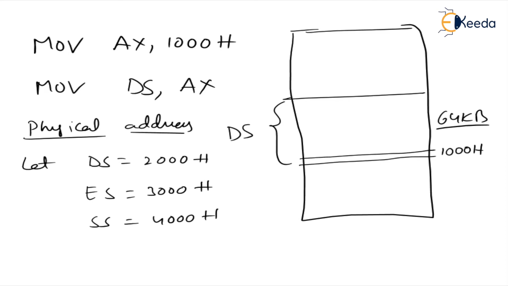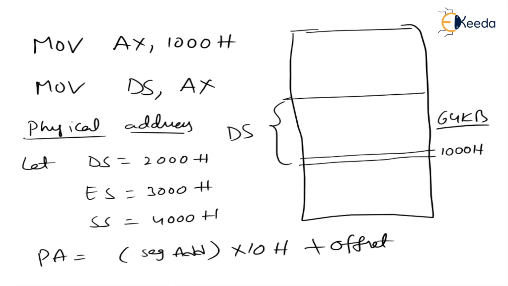So we can calculate the physical address easily. What is the formula for physical address? Segment address into 10h plus offset address. In this way we can calculate the physical address.